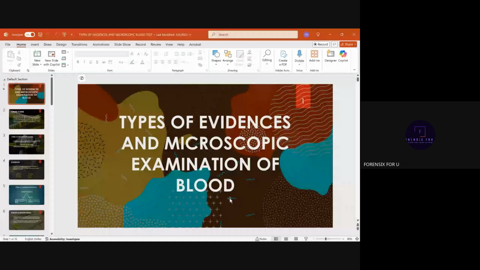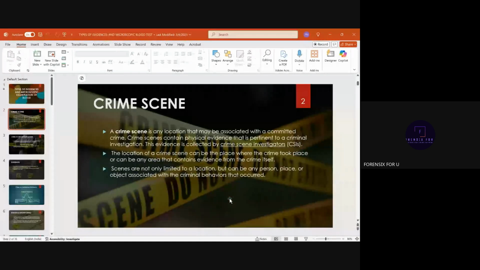So, what is a crime scene basically? A crime scene is any location that may be associated with the committed crime, or where the crime has been committed. The place where the dead body or the occurrence has happened is regarded as the primary crime scene.